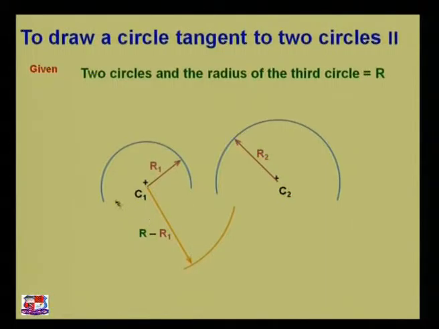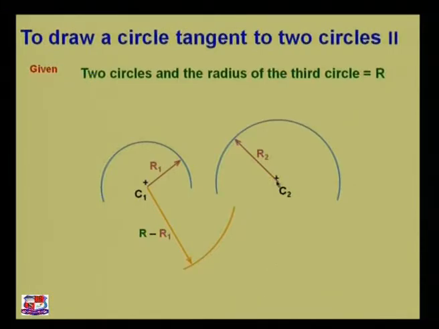Remember that in this method we need to subtract the portion of the arc. I have drawn an arc using the center C1 and the radius r minus r1, that is 15 mm, like this.